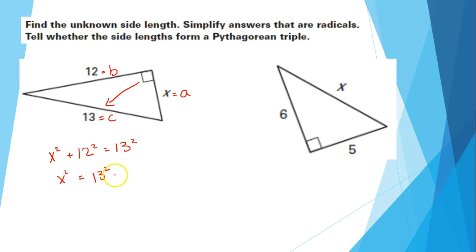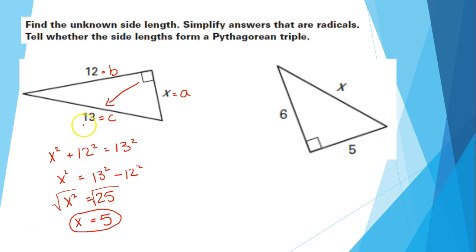So we're going to say 13 squared minus 12 squared. That there gives us x squared equals 25. And that there gives us, when you take the square root of both sides, we get 5. So that is our unknown side length, 5.